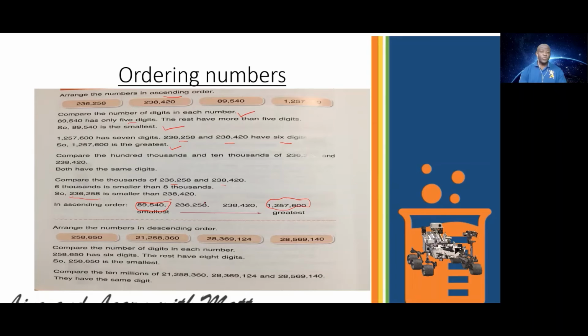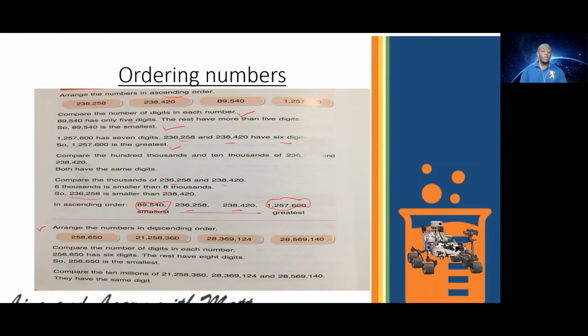So we arrange them as shown on the screen in ascending order. Now let's take a look at the next exercise.